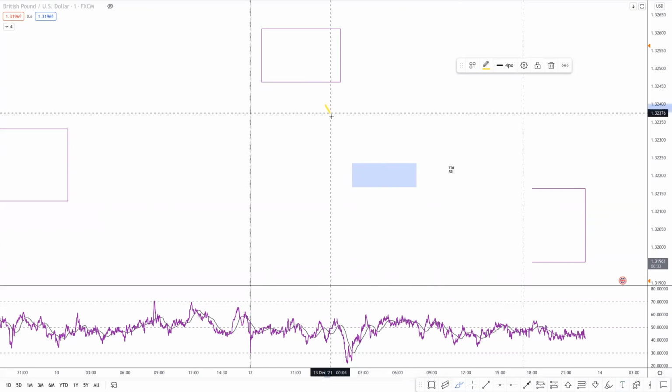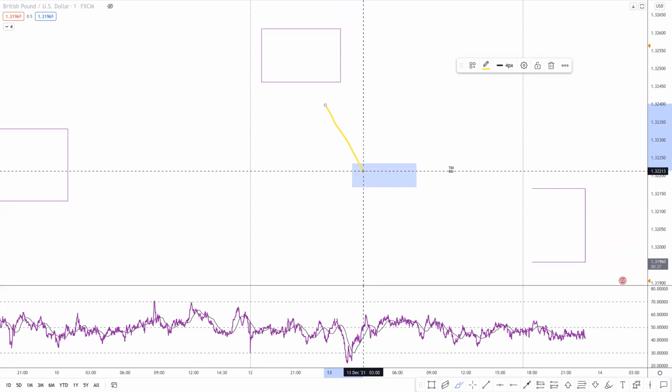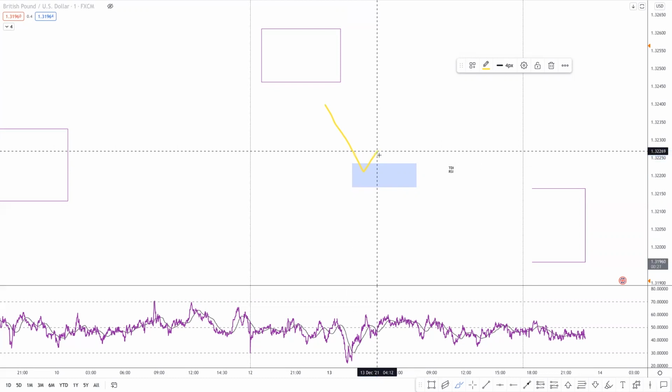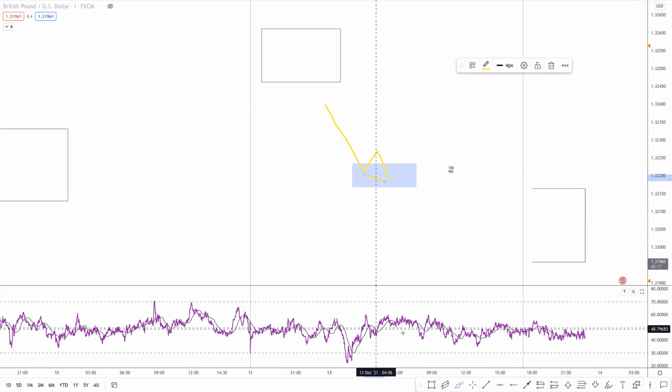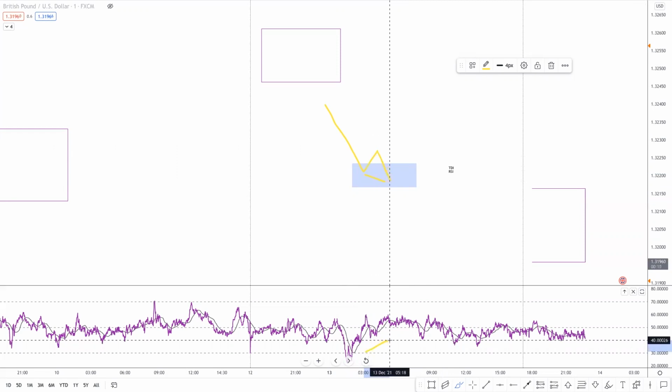Let's say the market was coming down into your demand zone or your first POI, and we see that we had a reaction. Post reaction, we see that price came right back down and made a deviation like so. On our indicator down here, we need to see a divergence going in the opposite direction.